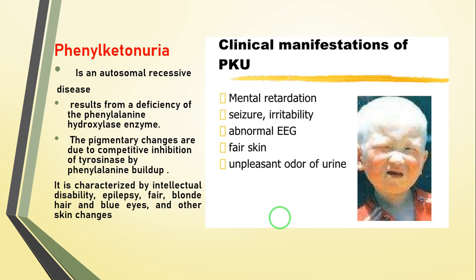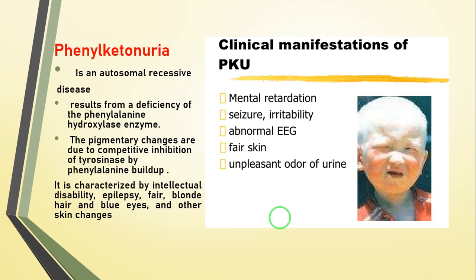So there will be a decrease in the tyrosine. Also the pigmentary change is due to competitive inhibition of the tyrosine by the excessive amount of the phenylalanine. We need phenylalanine hydroxylase to convert the amino acid phenylalanine to tyrosine, and as we know tyrosine is the precursor for the production of the melanin.